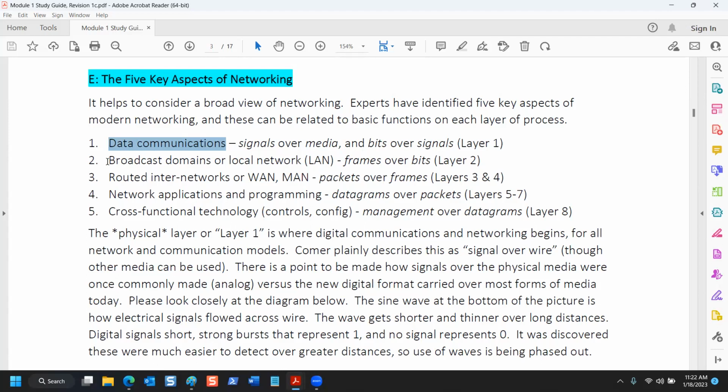The second aspect of networking has to do with the local network or broadcast domain. The term broadcast domain is often synonymous with local area network.